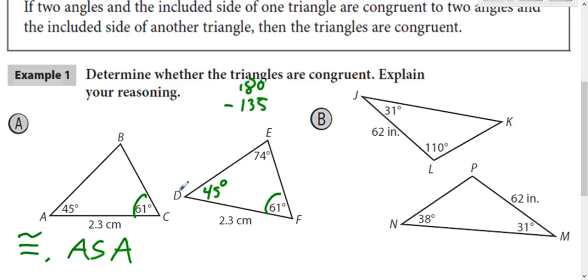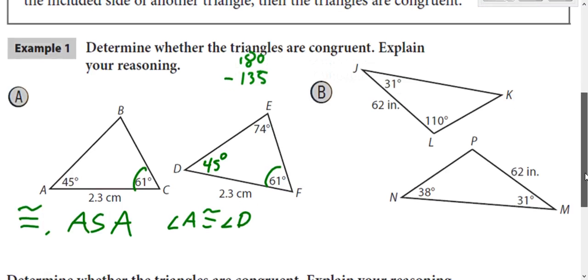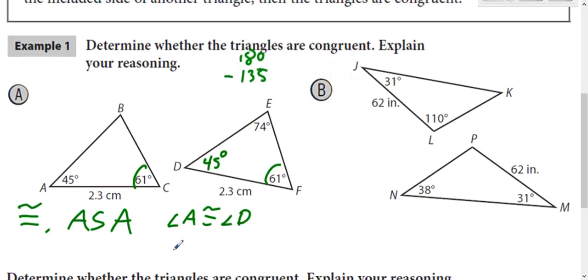We could say angle A is congruent to angle D. We could say angle C is congruent to angle F, and then the side in between, AC, is congruent to DF. So we have two angles and the side in between.